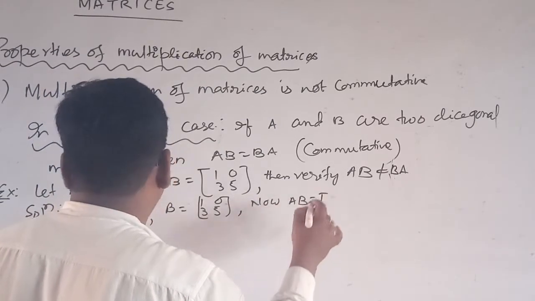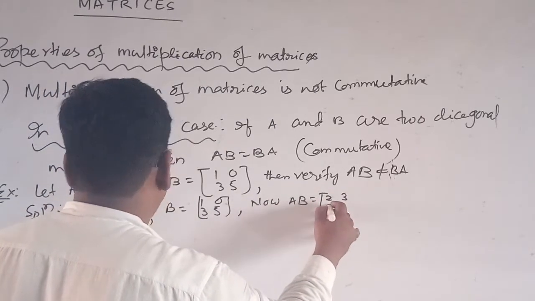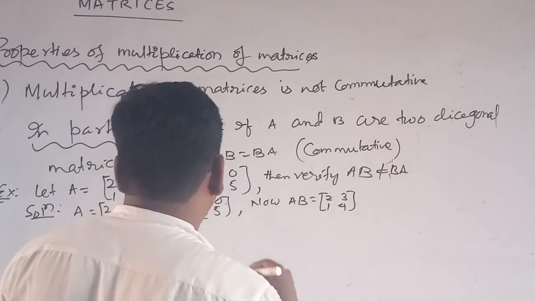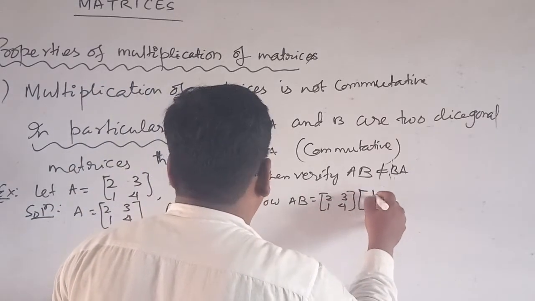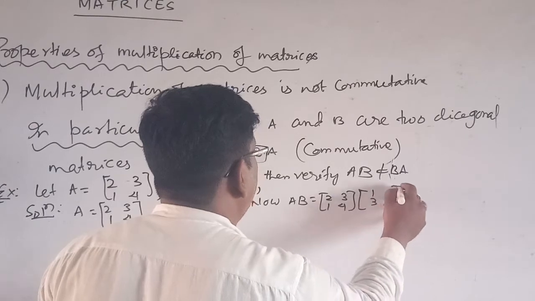AB is equal to [2, 3; 1, 4] into [1, 0; 3, 5].